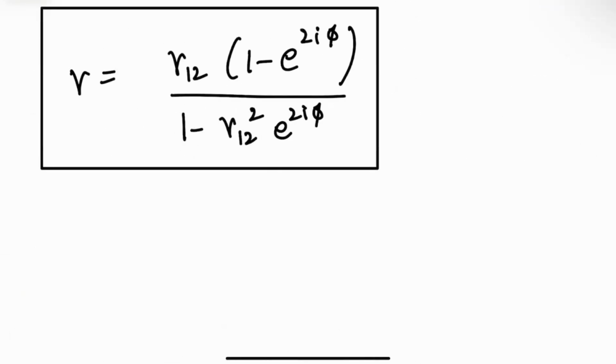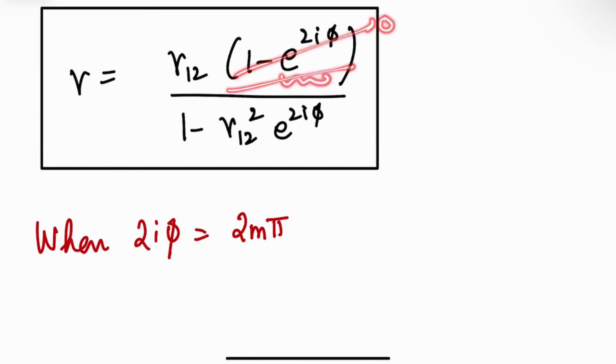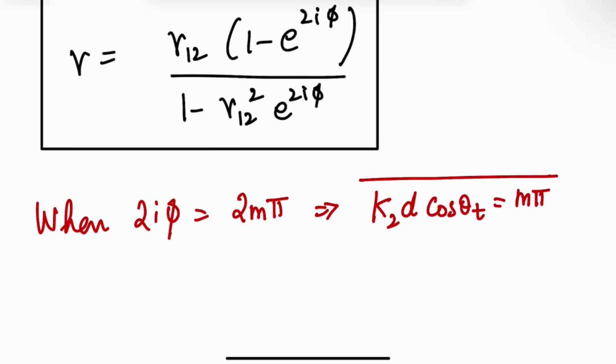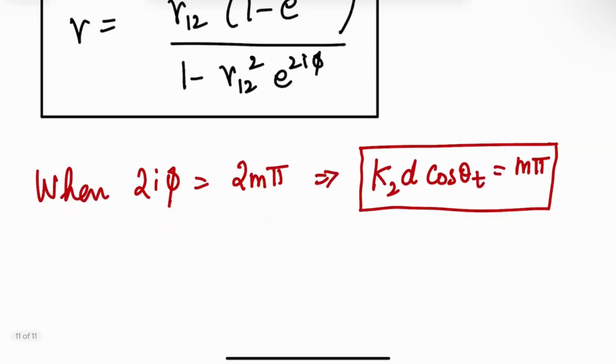It's when 2i phi is equal to 2m pi. Then this becomes 1, this becomes 1, and this whole thing becomes 0. So no reflection, right? And that's really amazing. This essentially reduces to the condition that k2 d cosine theta_t is equal to m pi. This is called a resonance condition. This resonator is called a Fabry-Perot resonator.